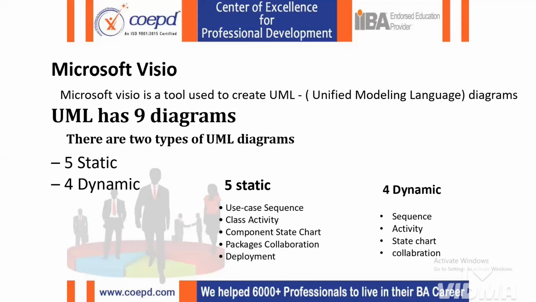Okay, so in the static group, we will be creating only the use case diagram. Whereas in the dynamic group, as a business analyst, we need to draw only the activity diagram. The remaining UML diagrams do not come under us; different people will be drawing their own diagrams.